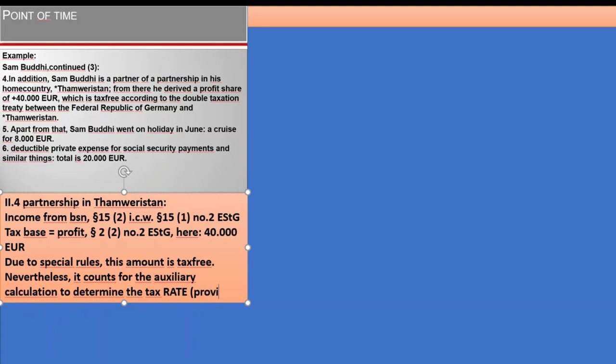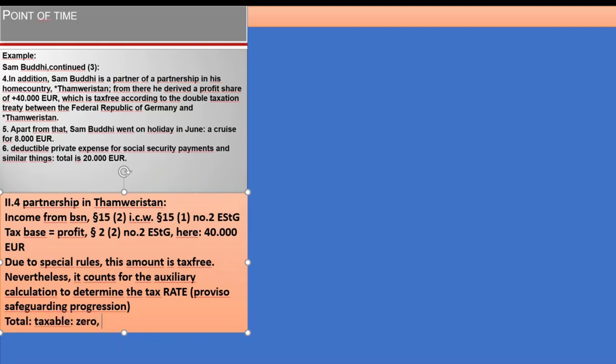That was the proviso safeguarding progression, or in German the Progressionsvorbehalt. So total taxable 0, tax rate relevant plus 40,000.